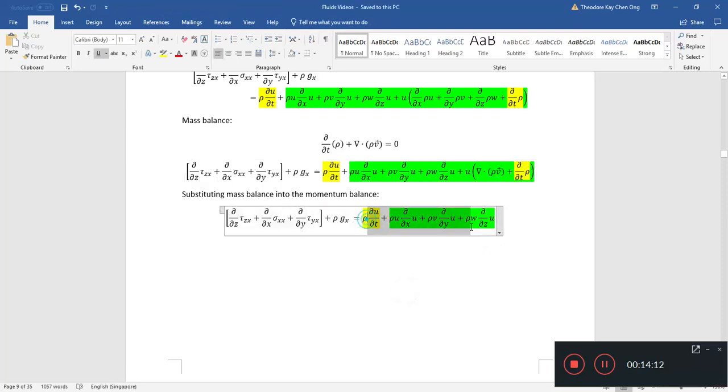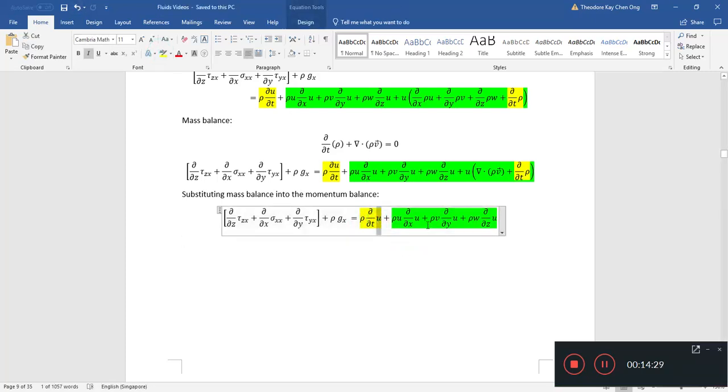Now, I want to introduce a new operator. Can we take a look at inside? And we notice that all these derivatives, they're actually talking about u. Alright?